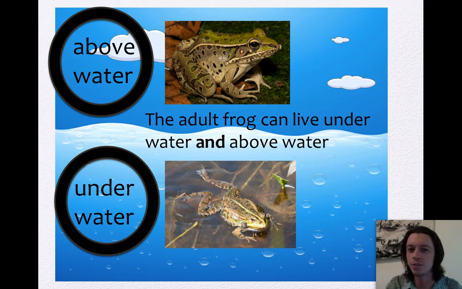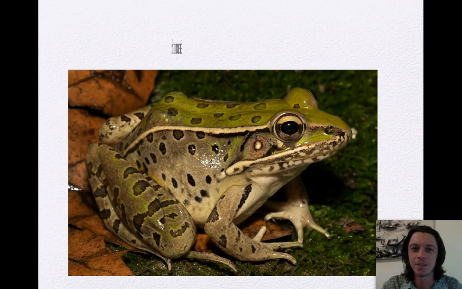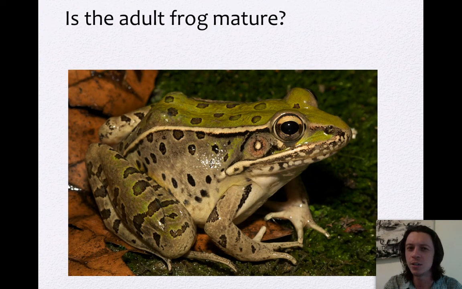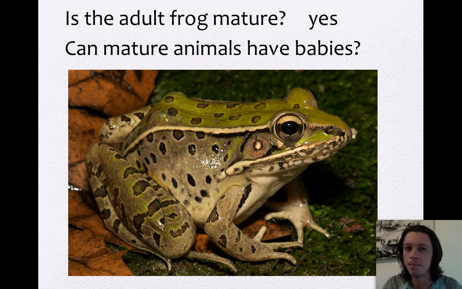So the adult frog can live underwater and above water. Is the adult frog mature? Yes or no? Yes. Adult is mature. So, can mature animals have babies? Yes or no? Yes.